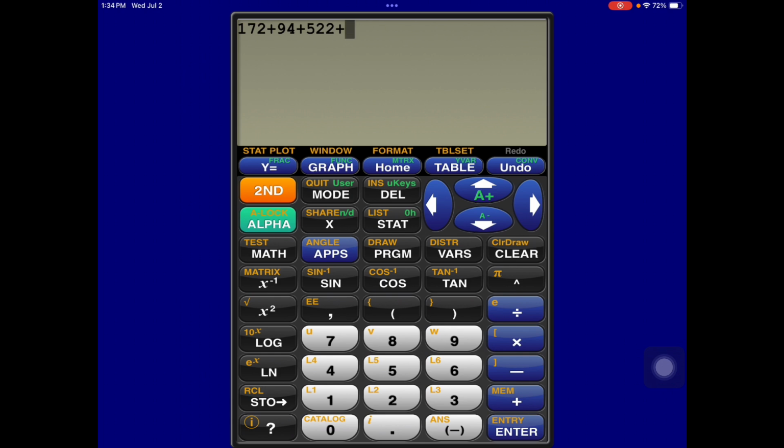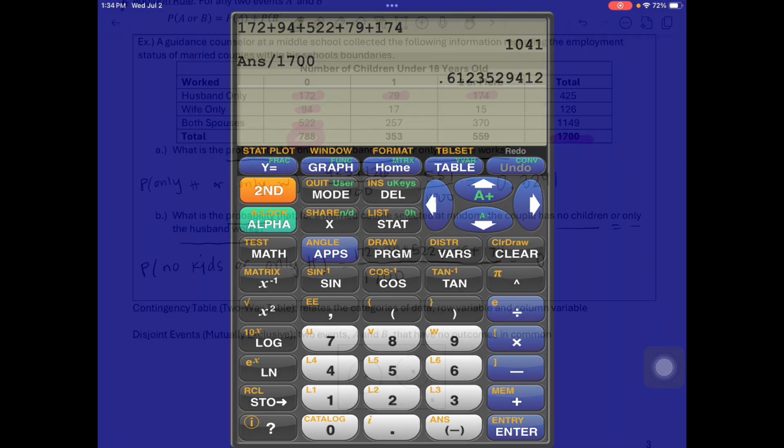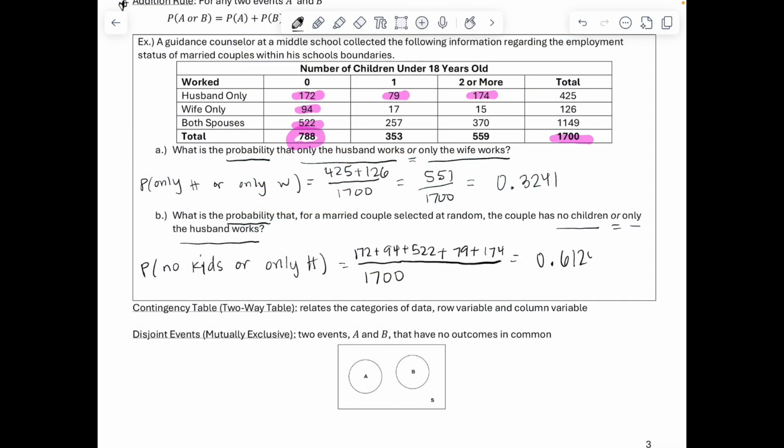So left over we have 79 plus 174. So we get 1,041 people total. And then we have to divide this by our denominator, which is 1,700. And we get an answer here that we need to correctly round to 4 decimal places. We get 0.6124.